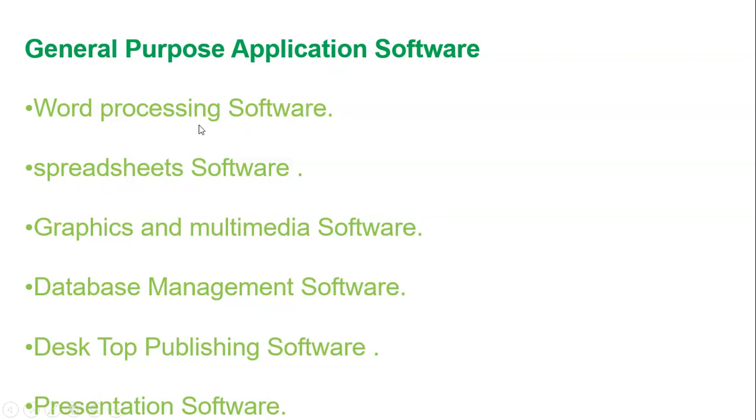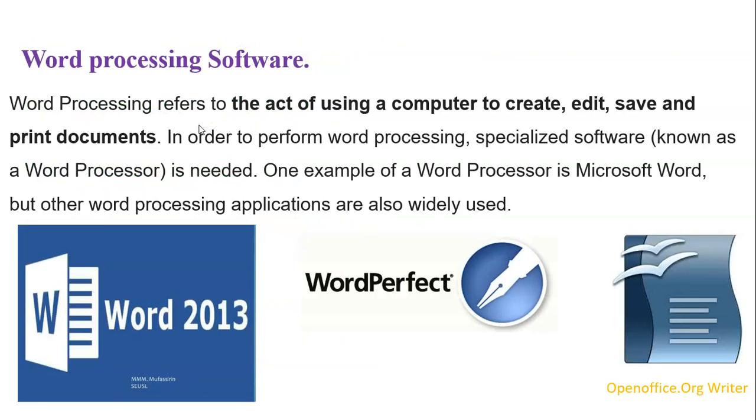Now we will begin with all these software. Word processing software: what does it do, what work or task can we perform using these applications? What is this word processing software?